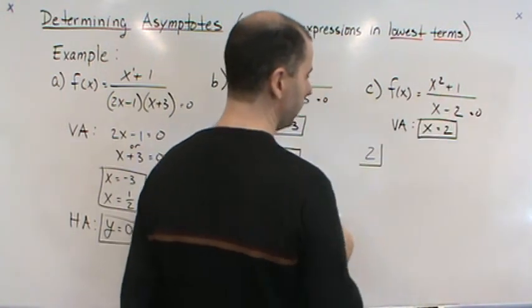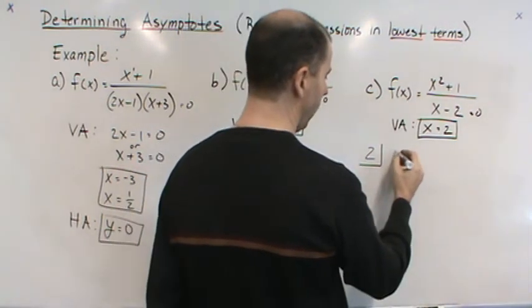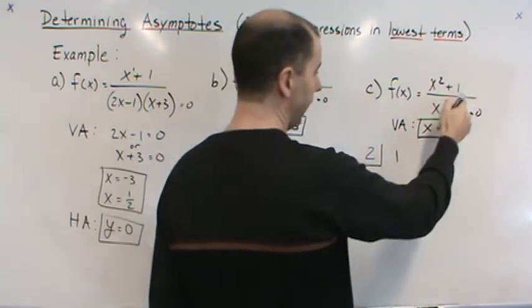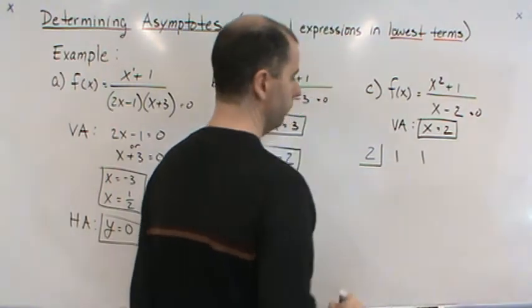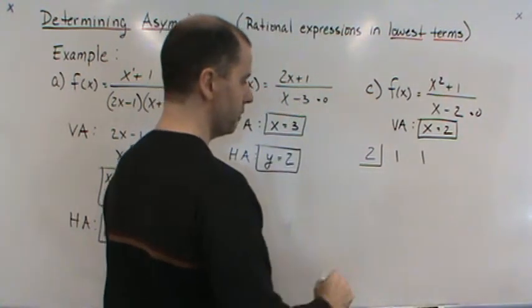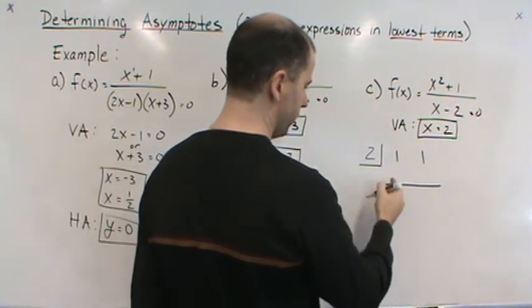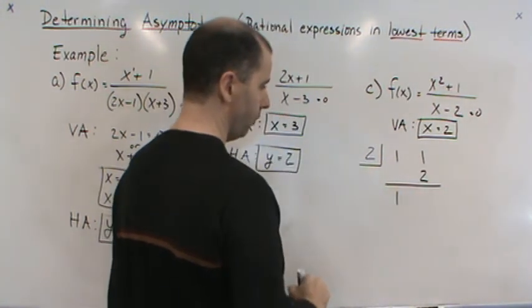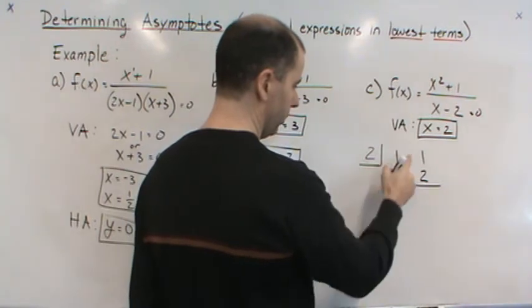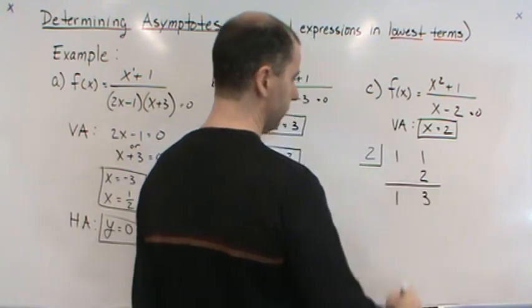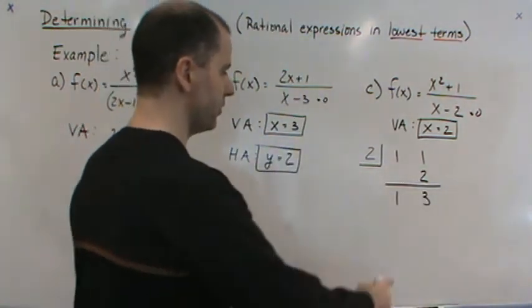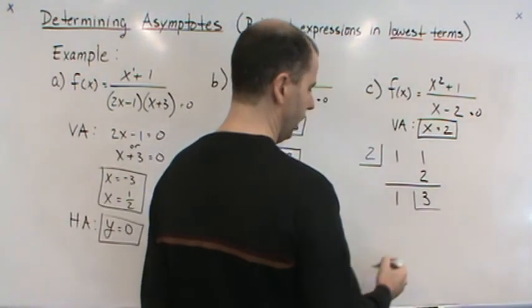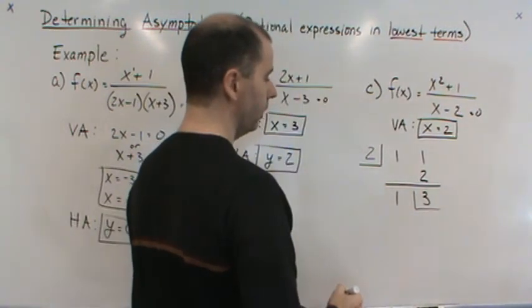Up here, we've got 1 and 1. If we use synthetic division, we drop the 1 down. 2 times 1 is 2, and then we add down and get 3.